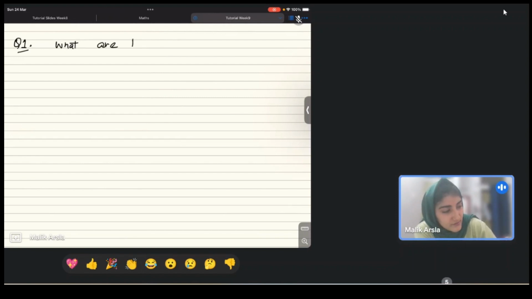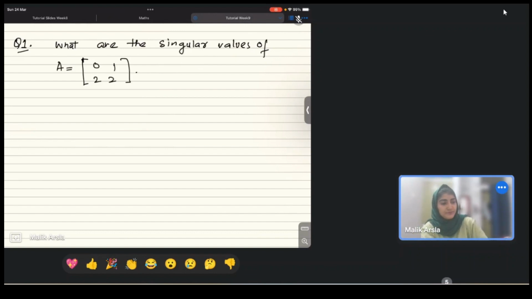What are the singular values of A equal to 0, 1, 2? Please try to find the singular values of A. Can we do this?